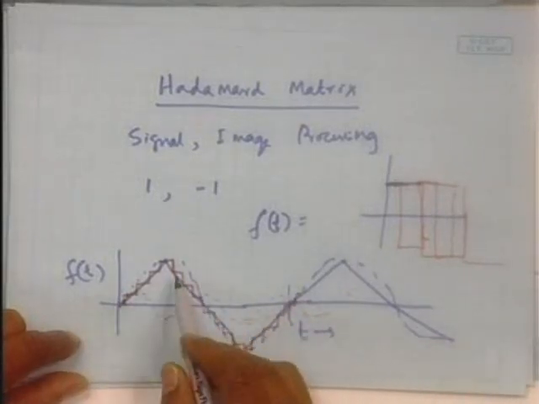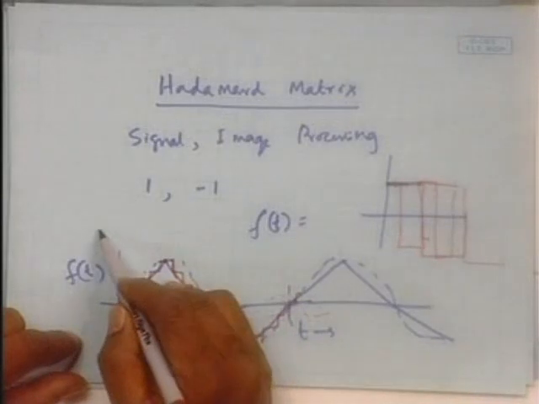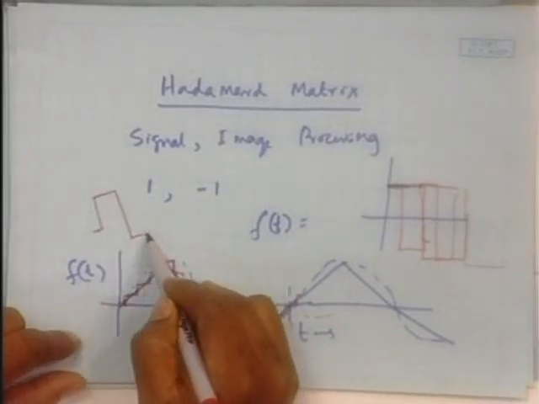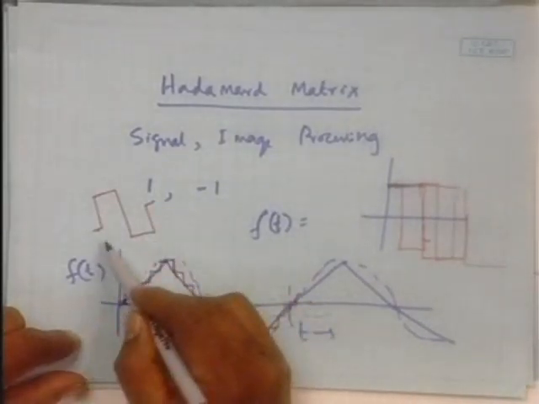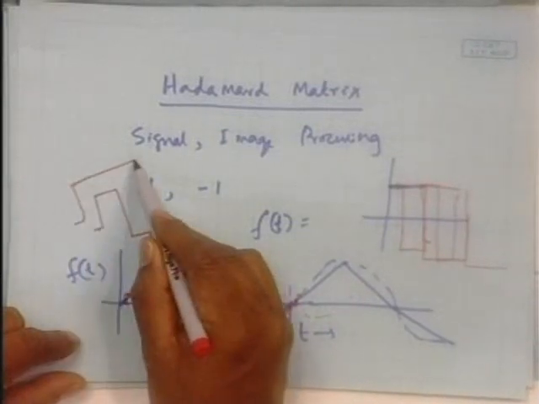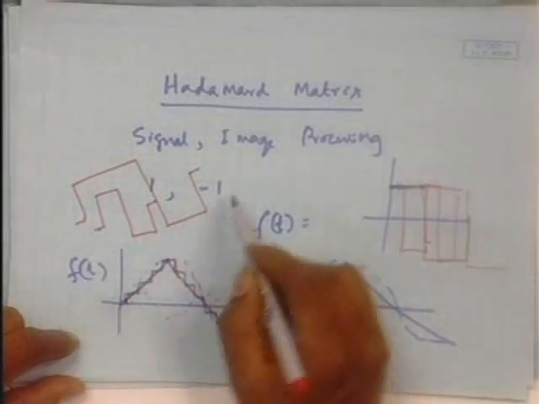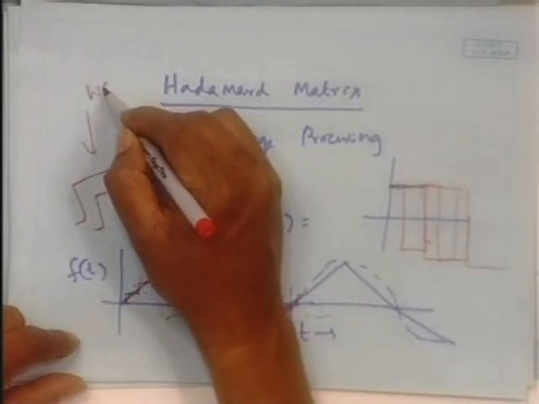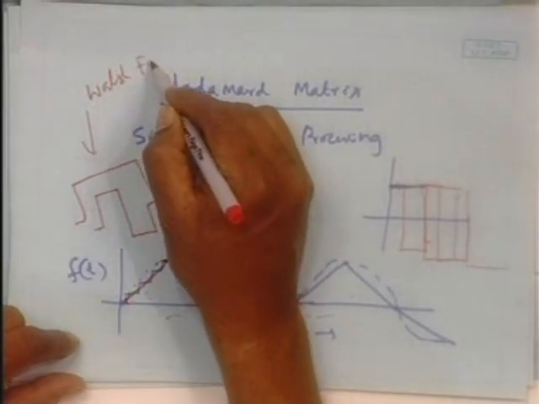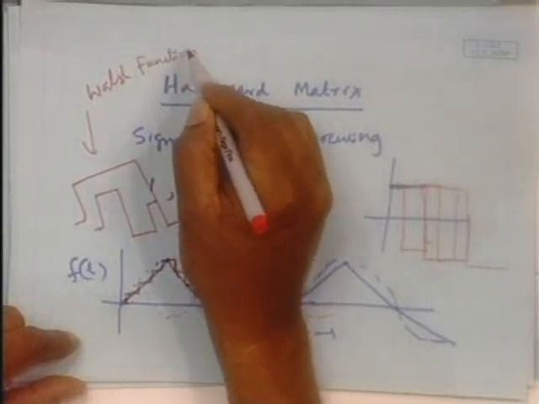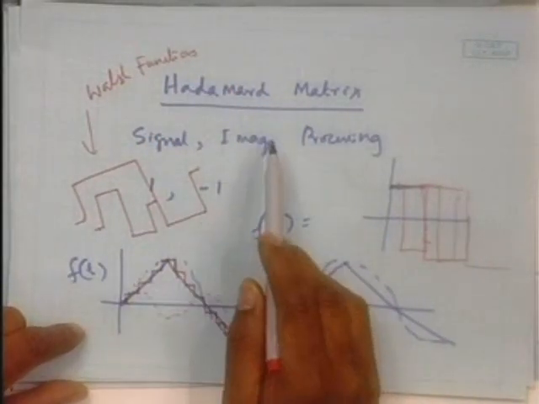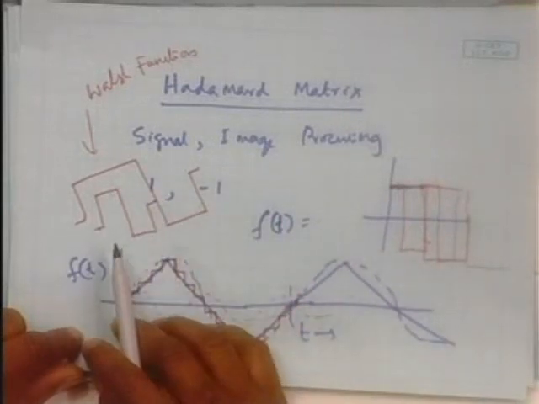This staircase representation is possible only when you have functions which look something like this, or a slightly expanded form, double the period or half of the period. These functions are known as Walsh functions, and the Hadamard matrix has a very close association with Walsh functions.